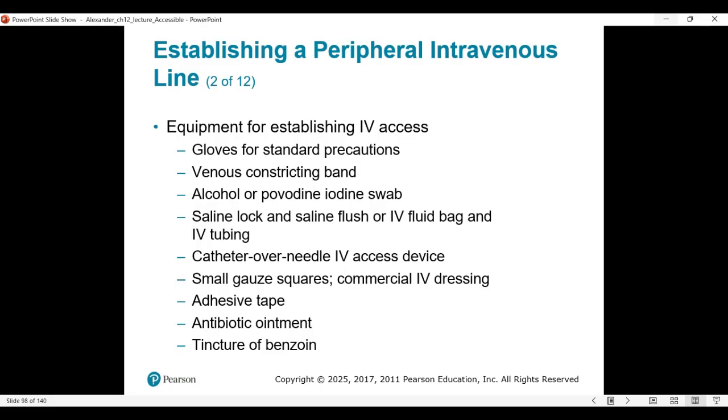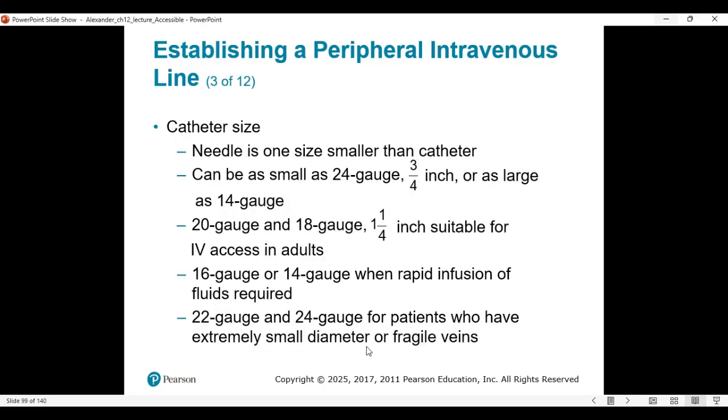You're going to need alcohol or iodine swab, saline lock or a saline flush, or an IV bag and IV tubing, catheter over the needle IV access device, small gauze, commercial IV dressing, adhesive tape, antibiotic ointment, and a tincture of benzoin.